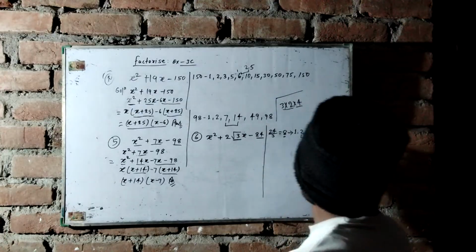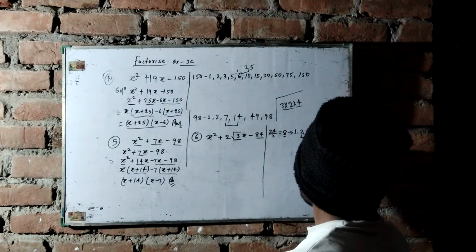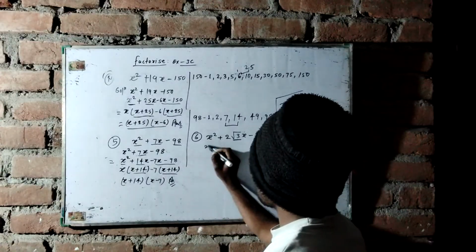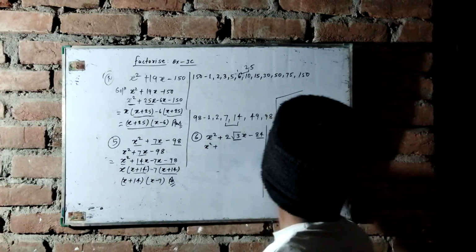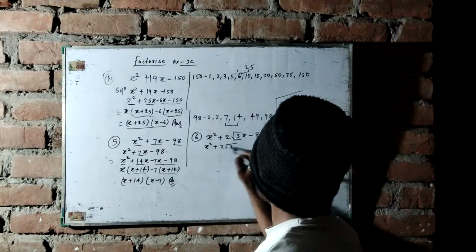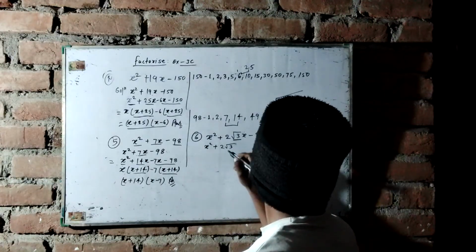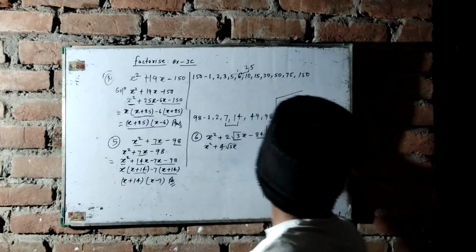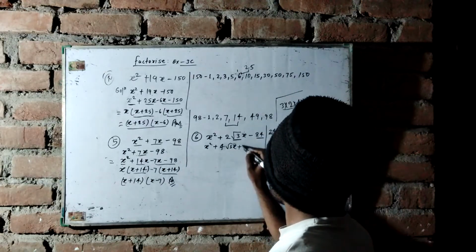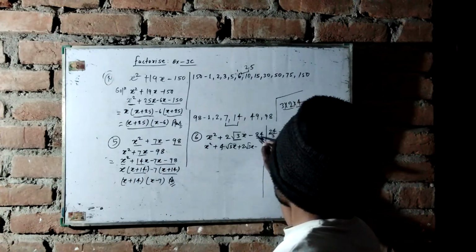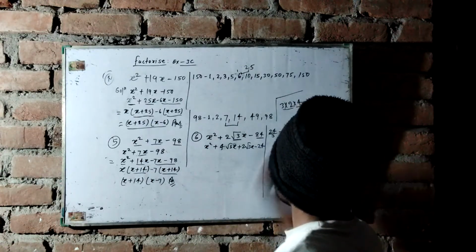So two numbers with root 3, we can write x square plus 2 root 3x, that is, plus 4 root 3x and minus 2 root 3x and minus 24 as it is.